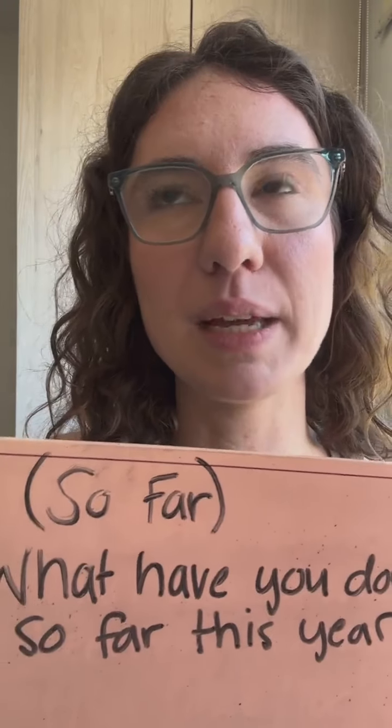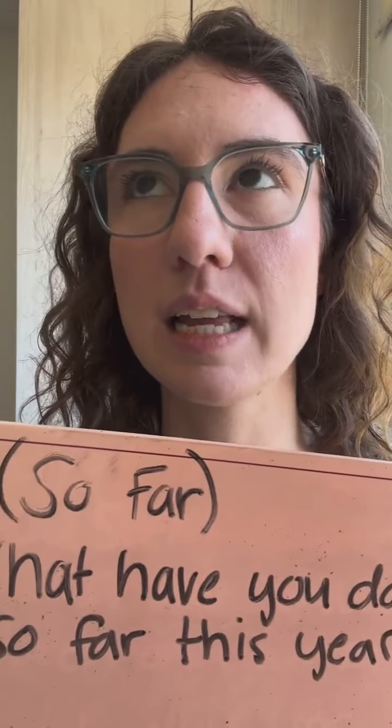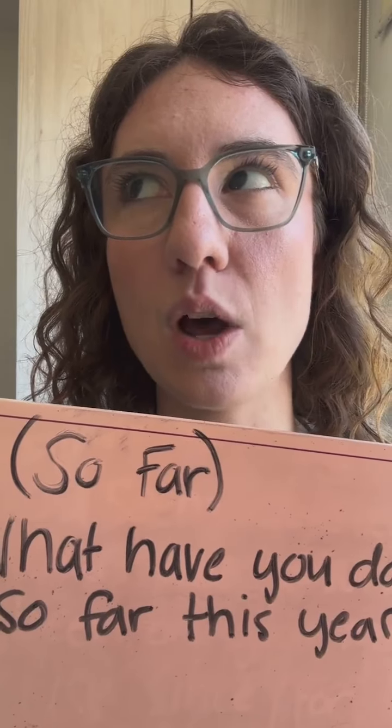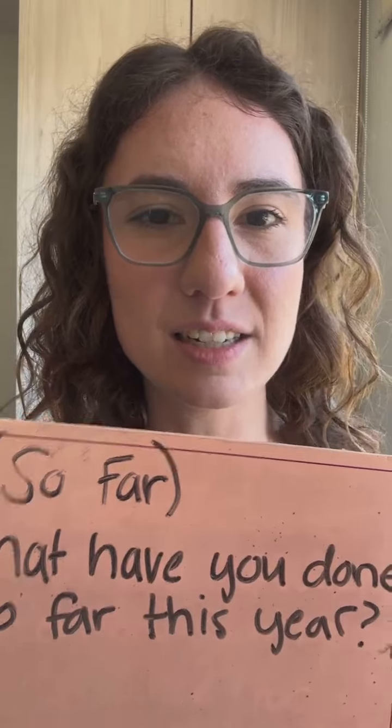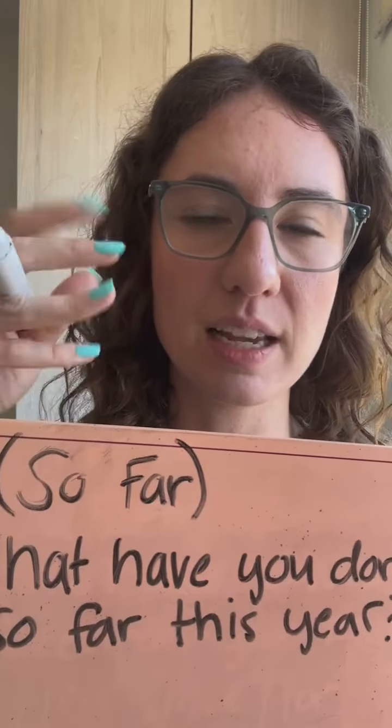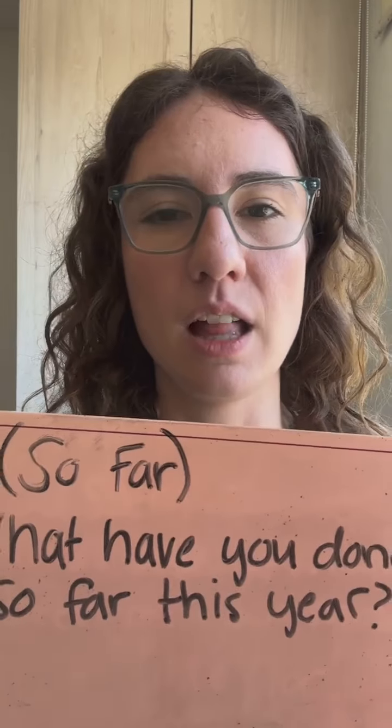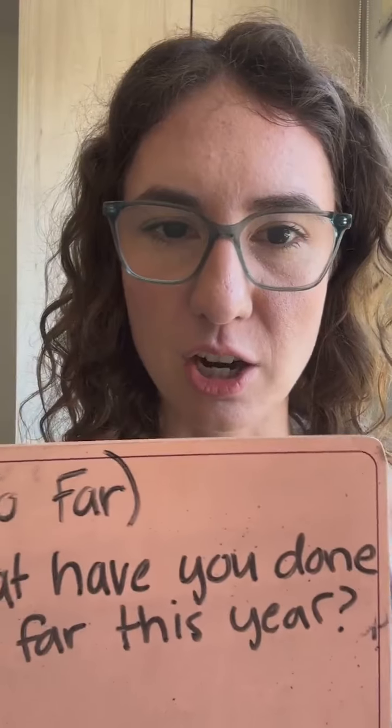If you say I've been starting, it sounds like maybe it was a long process to start, or that it didn't start in one exact moment. It was kind of like an ongoing process to start.